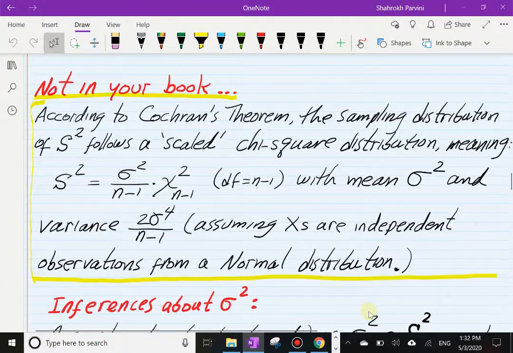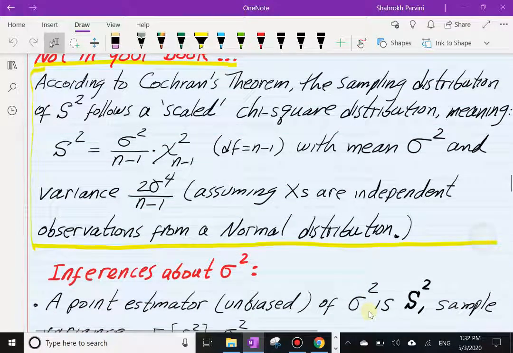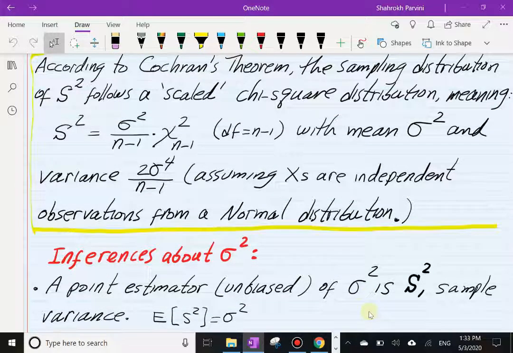Now, because we have the sampling distribution of S squared, or a multiple of it, I should say, we should be able to draw inferences about sigma squared. And this is where we're getting into what is in your textbook. So again, to recap, an unbiased point estimator of sigma squared is S squared, the sample variance.